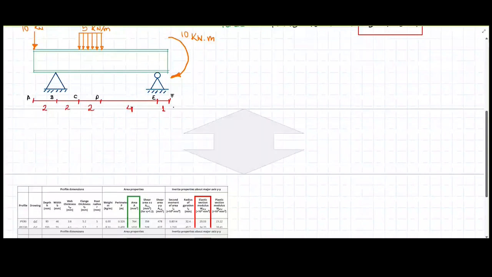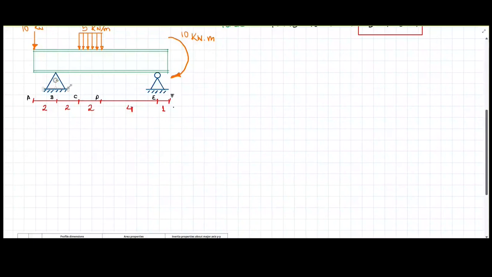And I'm going to delete all of that because I'm going to substitute all of these with the forces. Right, so I'm going to have here in blue a reaction force, and another reaction force in point D here.